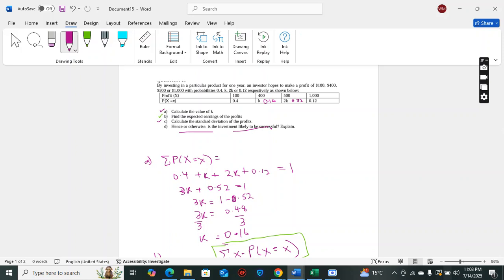So here, when you're explaining, as I said, the points you need to explain on are the expected return, the standard deviation, and you have to compare the probabilities of losses versus the probability of profits.